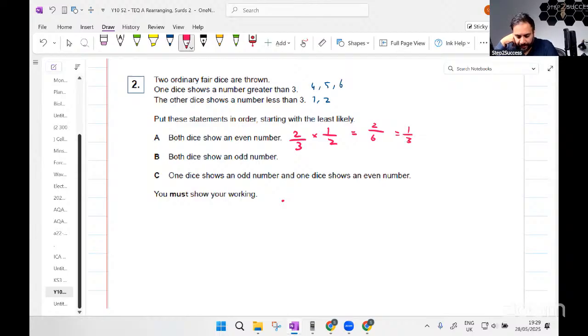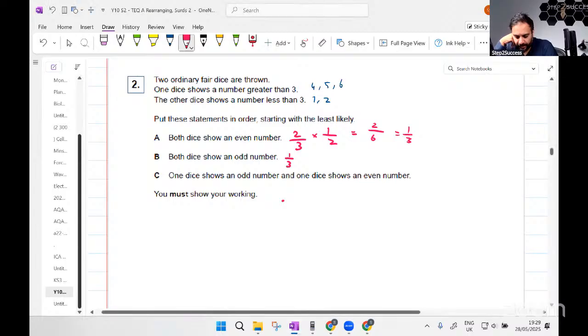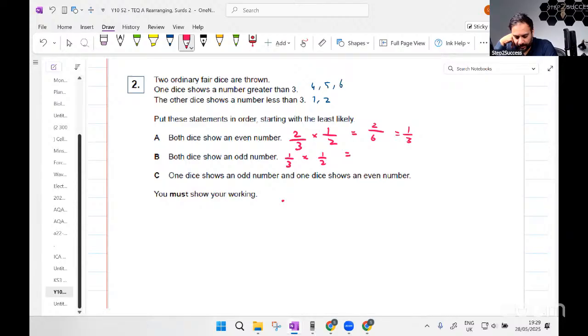Both dice show an odd number. Well, an odd number from the first dice is one out of three. And for the second dice, it's one out of two, which is one out of six. And then one die shows an odd number and one die shows an even number. Right. The first one showing an odd number is 1/3, because there's one odd number out of three.